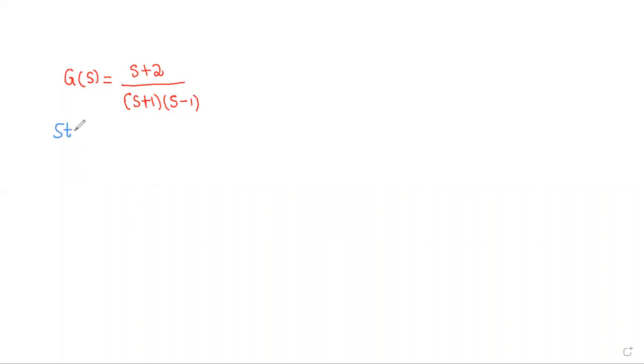Step 1. Write G(s) in 1 plus sT form, which means time constant form. The same step we have done in Bode plot also.